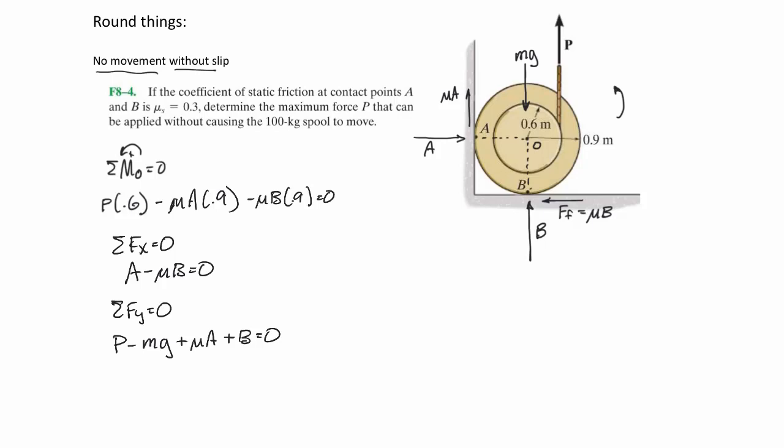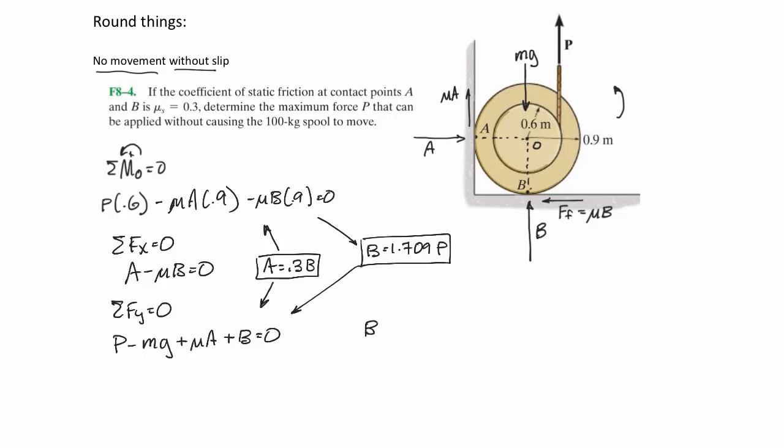And there's multiple ways of solving this, but I'm going to say that A here is equal to 0.3B. I'm going to plug that into there, and out of there I'm going to find that B is equal to 1.709 P. And then I'm going to plug that into that equation, and then I'll need this in that equation as well.